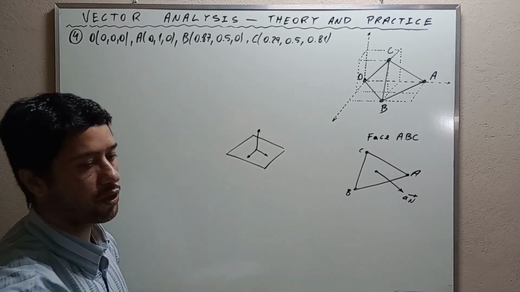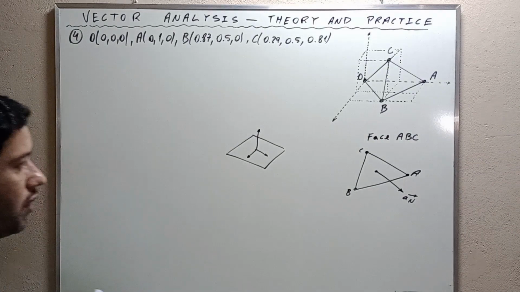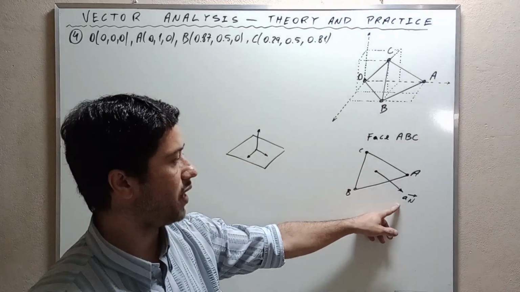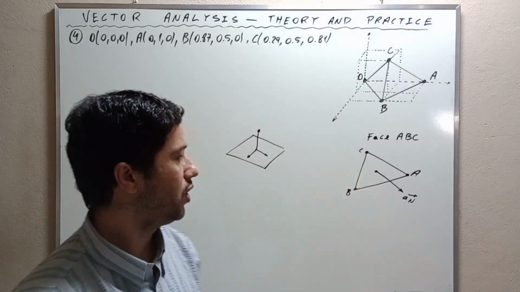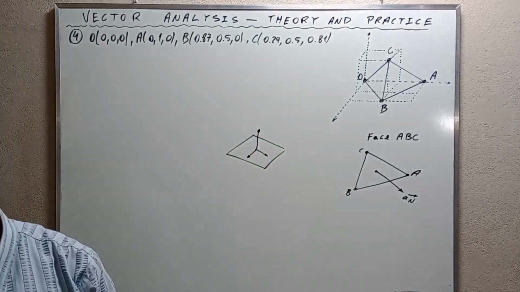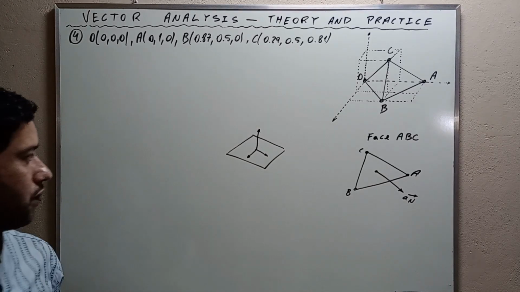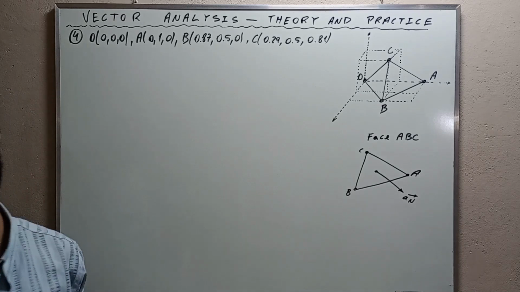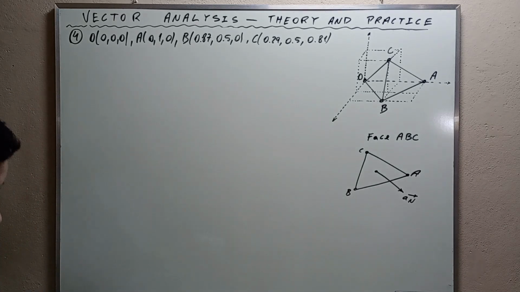This is what the cross product does. And we are going to use the cross product to find this unit vector pointing outwards from face ABC. Okay? Knowing that, we have everything to find what the exercise wants us to find.